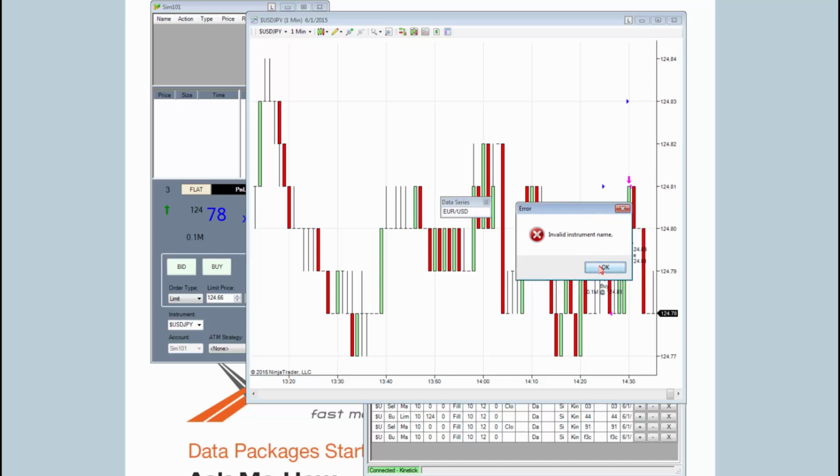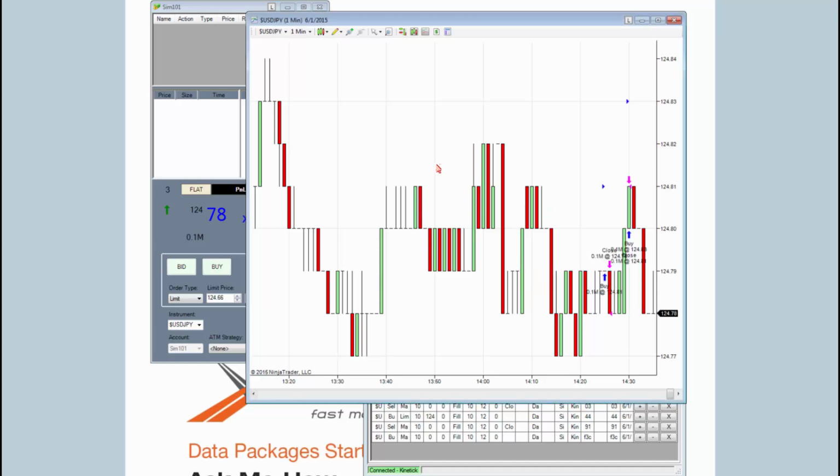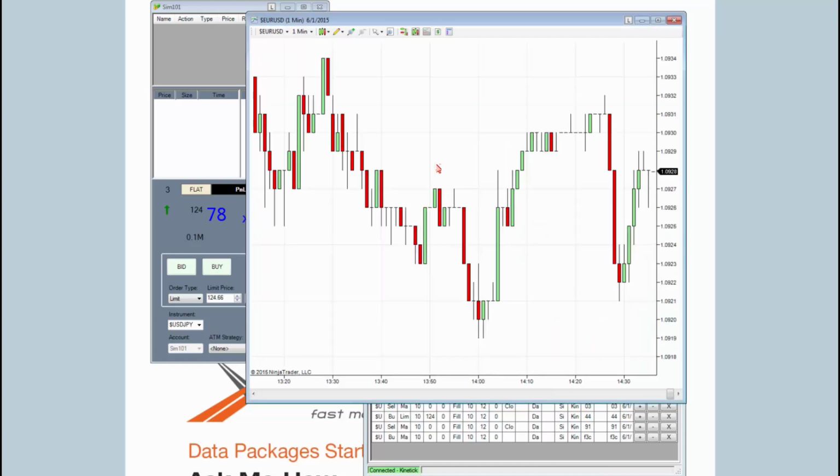That's because we handle the symbol notation a little bit differently in the platform. The standard symbol notation is to begin with a $ and omit the slash. So I would do $EURUSD, just like that, no slash, $ up front. Then when I press enter, it'll change to the euro dollar for us.